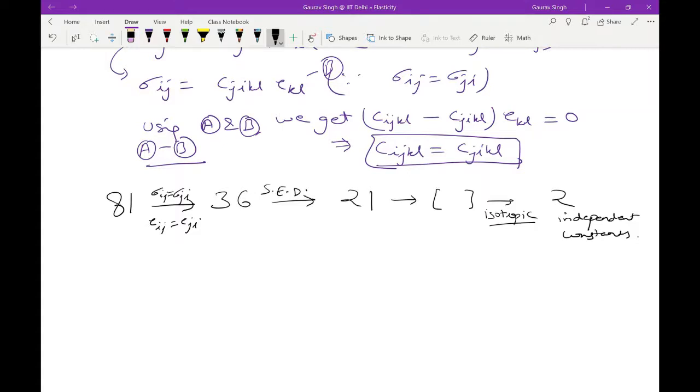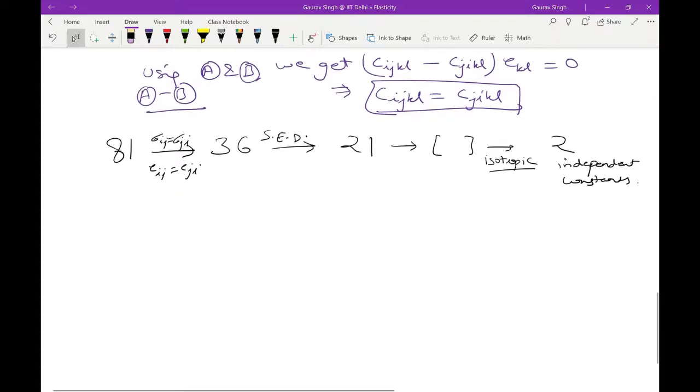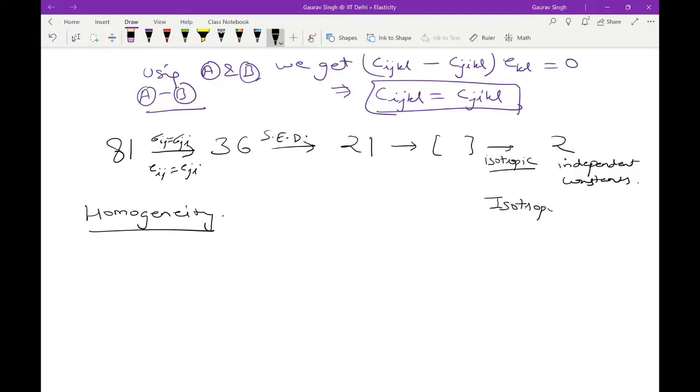Now, there are two more things which we must learn now. One is about the homogeneity, or the so-called material homogeneity, and the other is isotropy. For the entire course which we are learning, the material must be homogeneous and isotropic. So let's take it one step at a time.